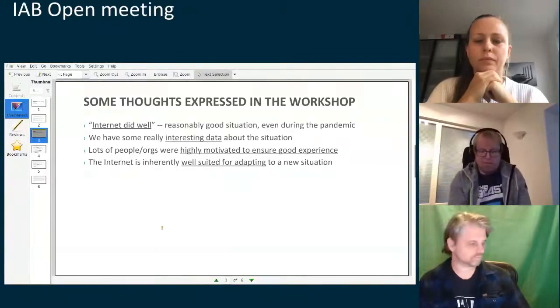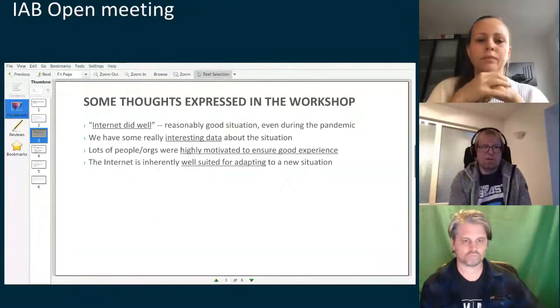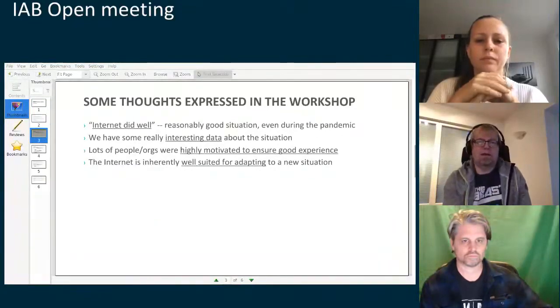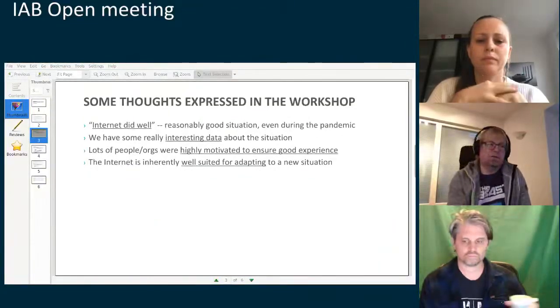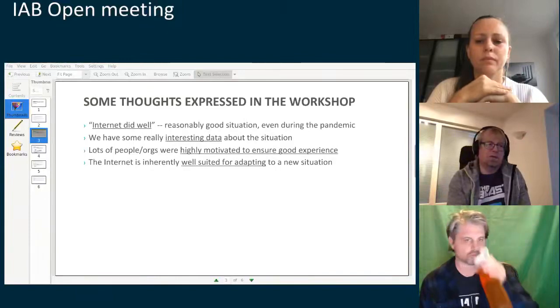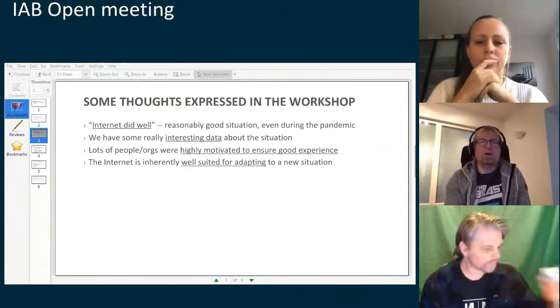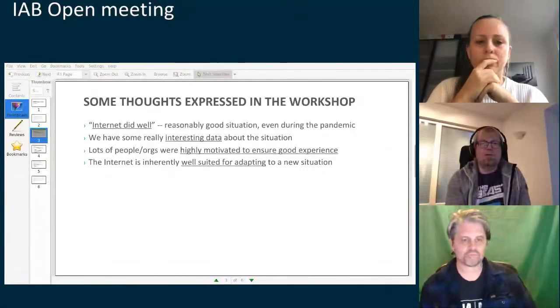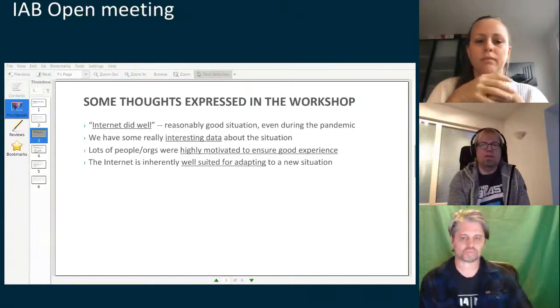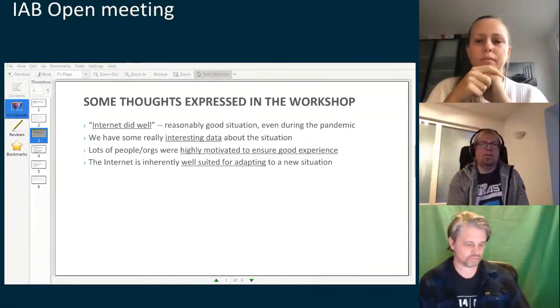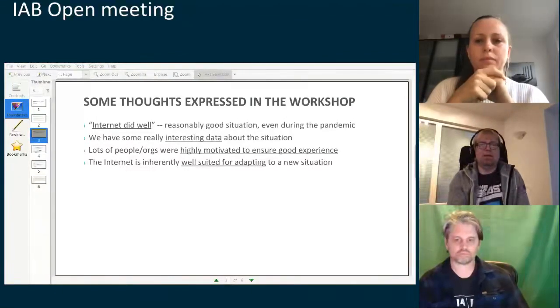So we had lots of discussion in the workshop. We met on 3 separate days and thought about what we saw, what worked well and why, and what did not work well, and so forth. Let's go through briefly some of the thoughts expressed in the workshop. I think the overall feeling was that the internet did pretty well.